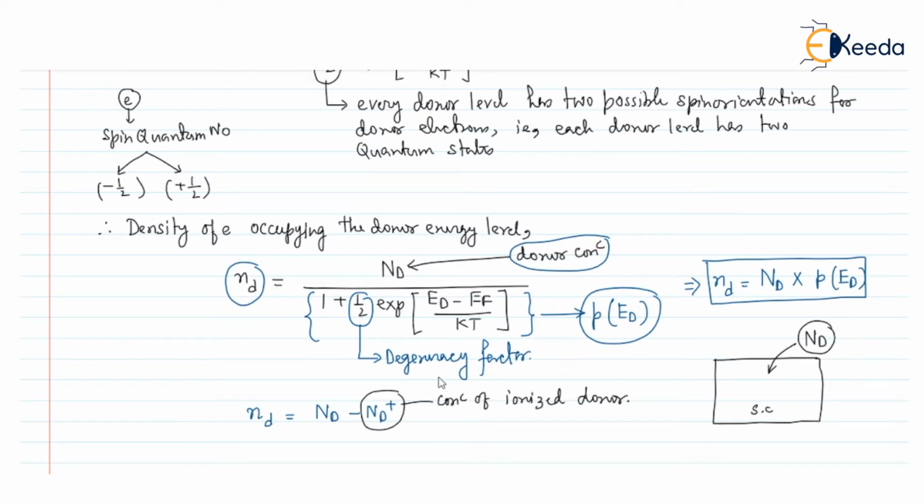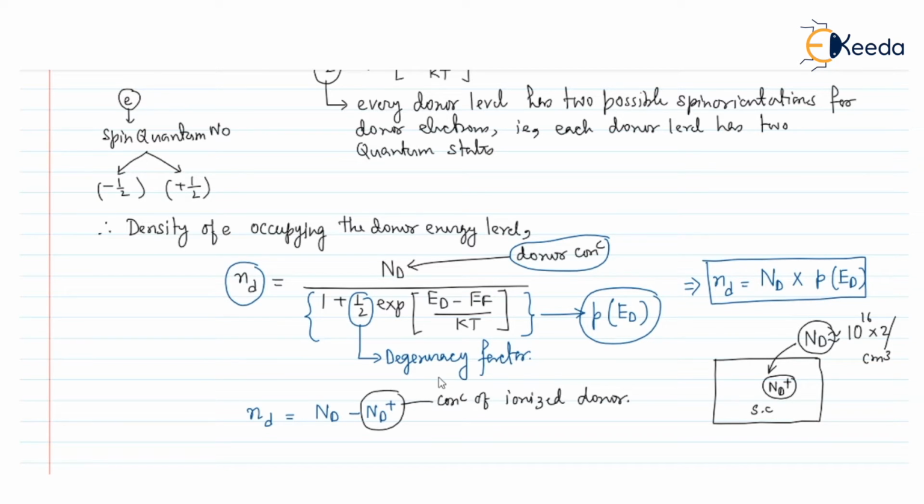Let us take a value, Nd equals 2 into 10 to the power 16 per centimeter cube, as the doping concentration of the donor. Now, after doping, out of this 2 into 10 to the power 16 atoms per centimeter cube, not all these atoms will be ionized, and we have assumed that only Nd plus atoms have been ionized.